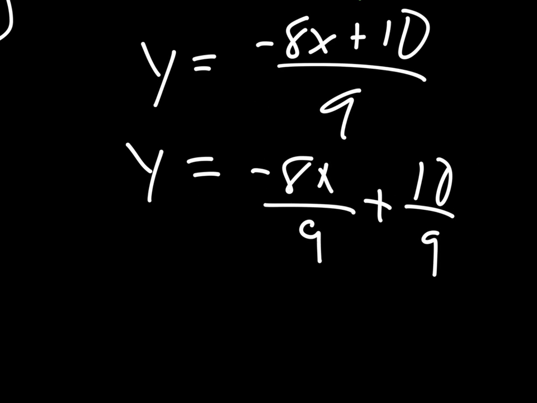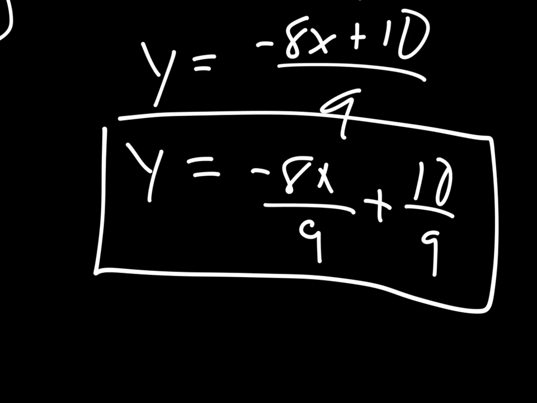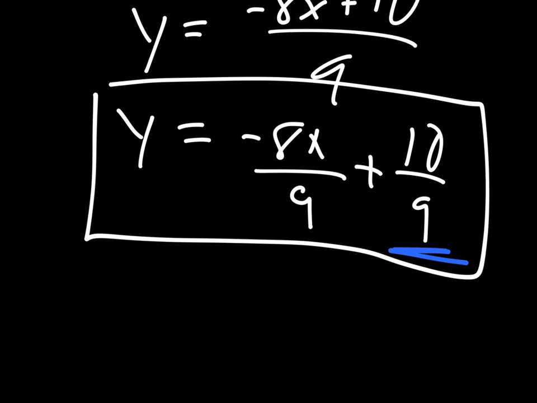Don't worry about trying to simplify this 10 over 9. When you're doing my work, you don't have to simplify it, but when you're doing it with your teacher, do it their way, okay? But what I'm saying is you don't have to worry about simplifying this to become 1 and 1 over 9, because that looks ugly.